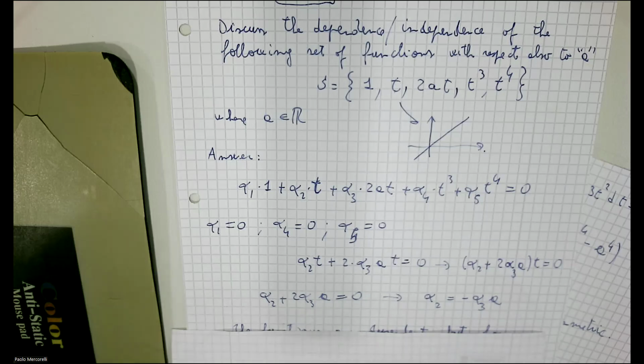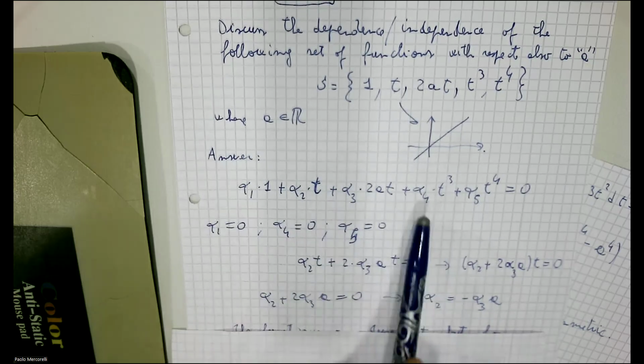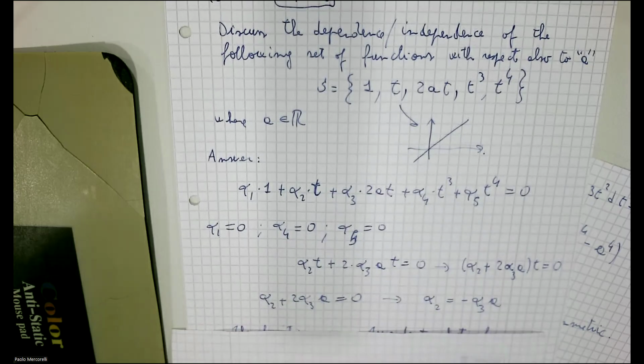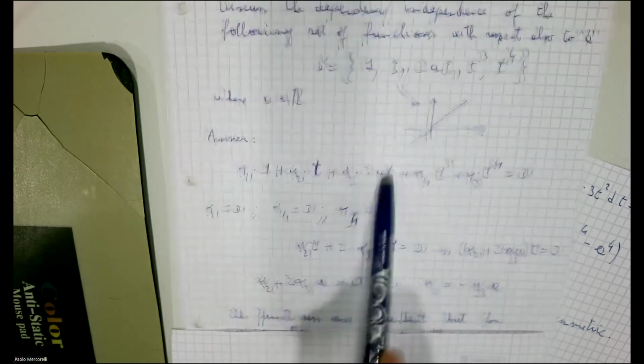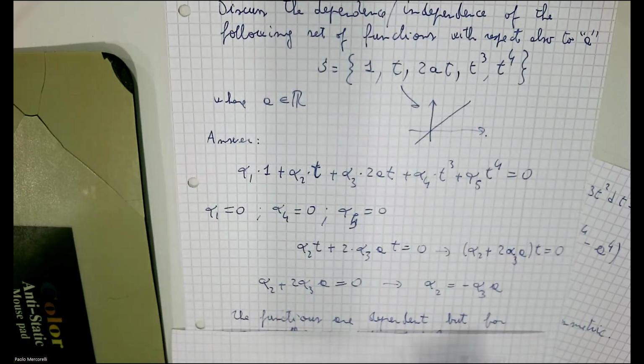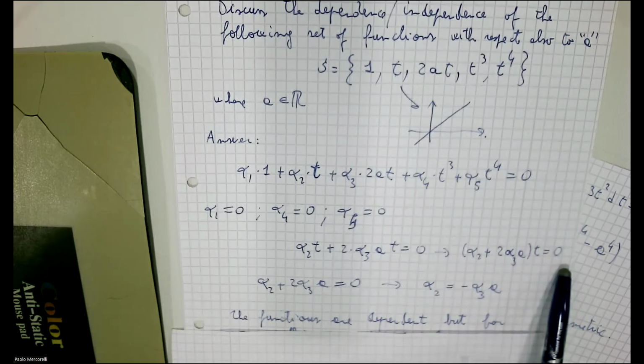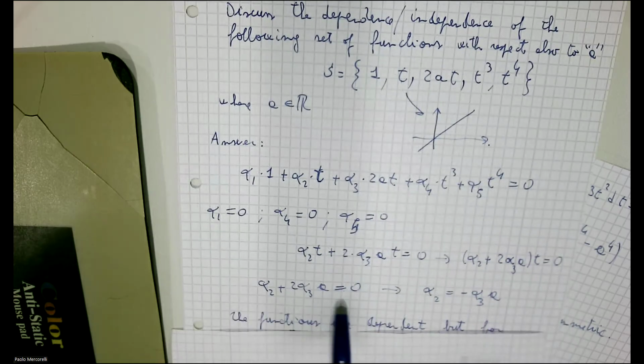It seems that you have a condition. From here, I can write this. Definitively for this element and this element must be 0, because I don't have the possibility to combine to find conditions. But here, no, because if you put t in evidence here, we have this expression, and it must be equal to 0. This means this condition must be discussed.